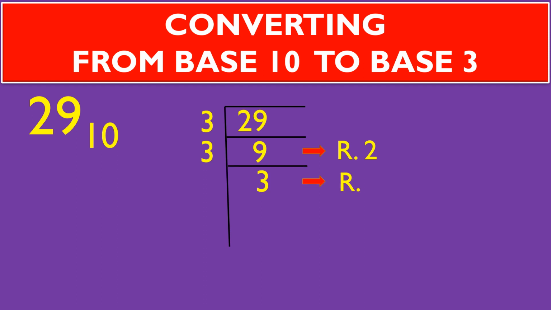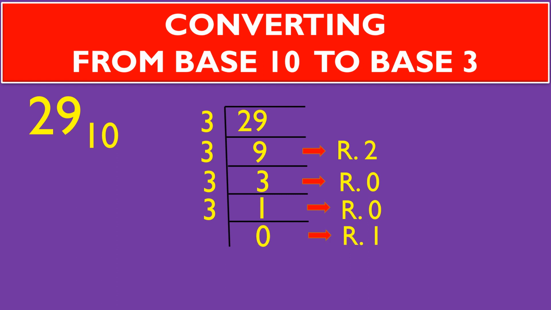And the remainder is 0, because 3 times 3 is 9. Now we divide by 3 again. How many times can 3 go in 3? It's 1 time, and 3 times 1 is 3, so the remainder is 0. Now we divide by 3 again. 3 in 1, 0, and therefore the remainder is 1.